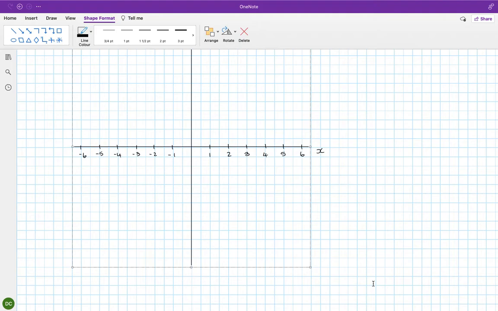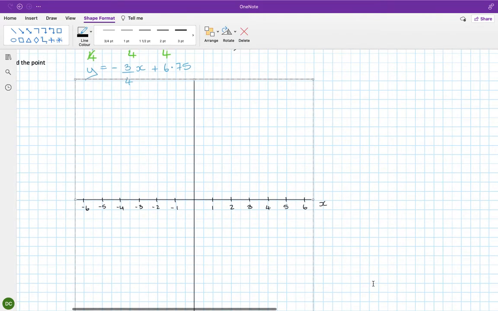Okay, now the y-axis. This is where my problems are going to be. I need 18: 2, 4, 6, 8, 10, 12, 14, 16, 18. Yeah, I think I'm going to have to do that. So we're going up in twos. I don't know if I need to go higher than that, so we'll just go to 22.